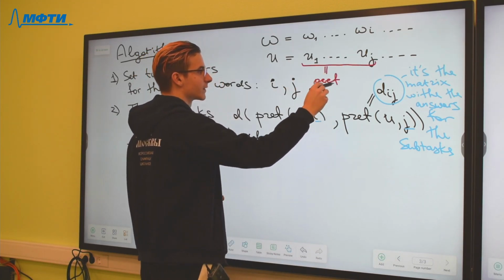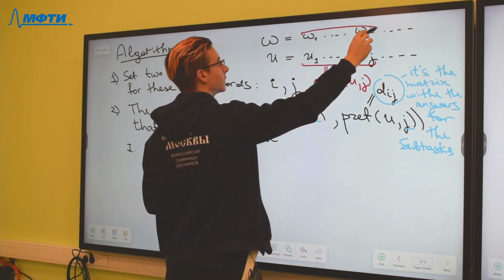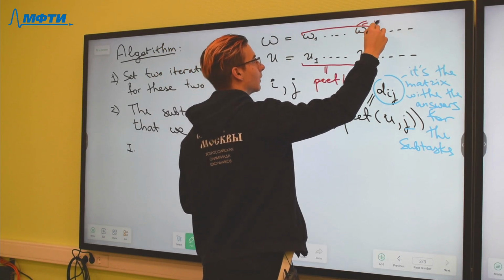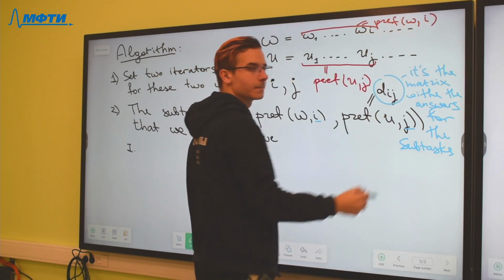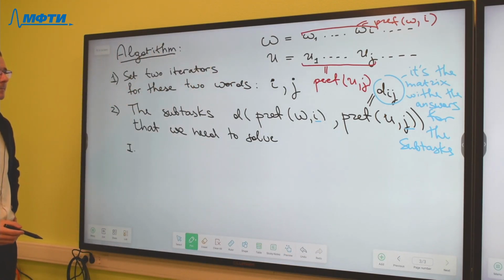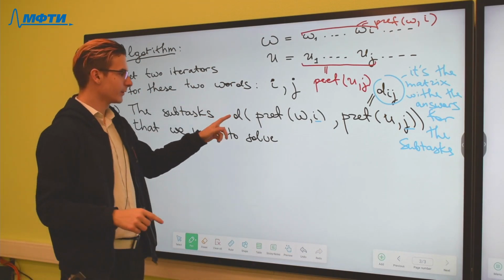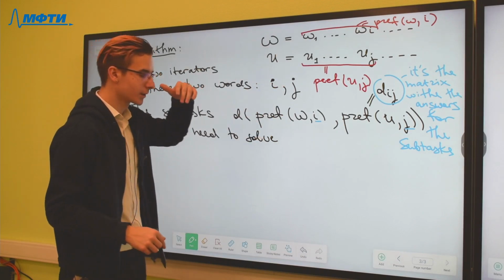When we find the distance between these two words, we can add empty characters.